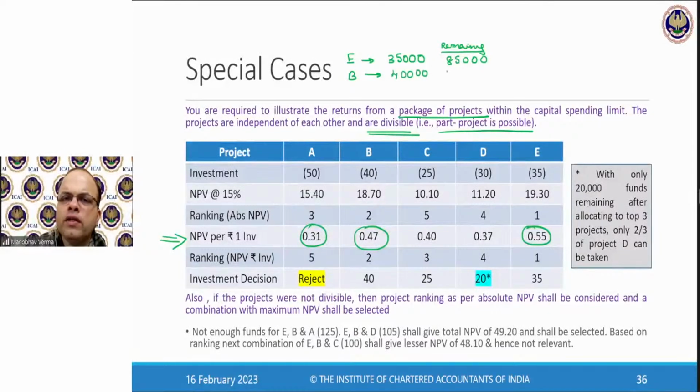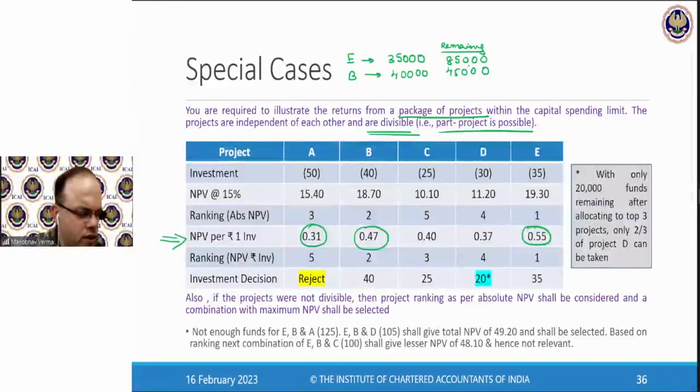We are now left with how much funds? Let's see your responses. We are left with 45,000.